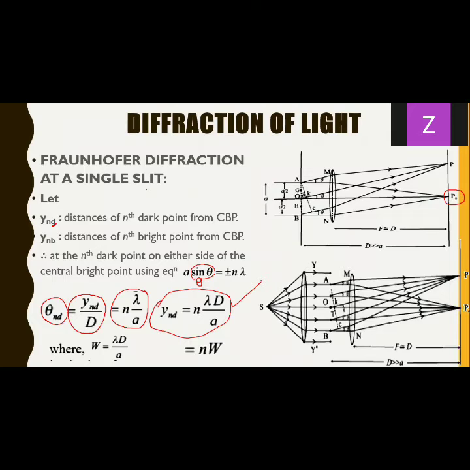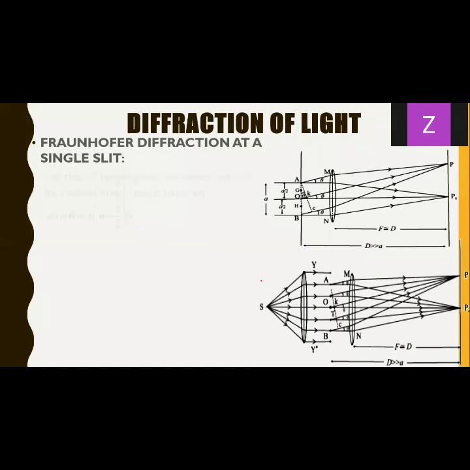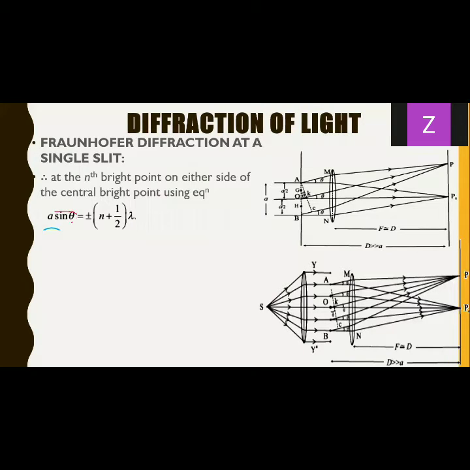Now this is what we have done for the dark point. Similarly, we can do this for the bright point as well. So for the nth bright point, once again on either side of the central bright point, CBP, the equation which we are going to use is a sin theta equals plus minus (n plus half) into lambda. Here also, instead of sin theta, for small angles we can directly substitute theta.